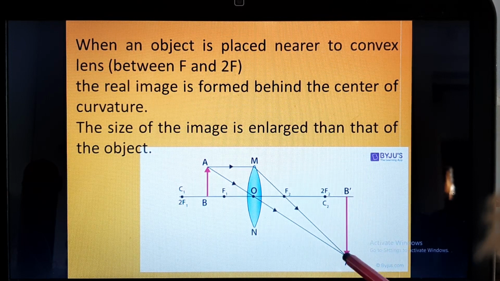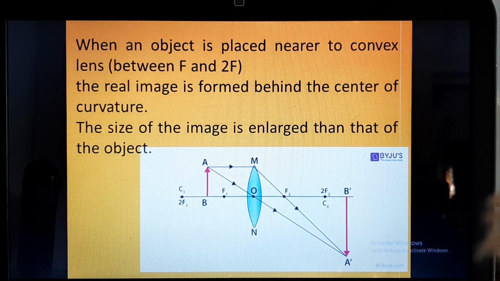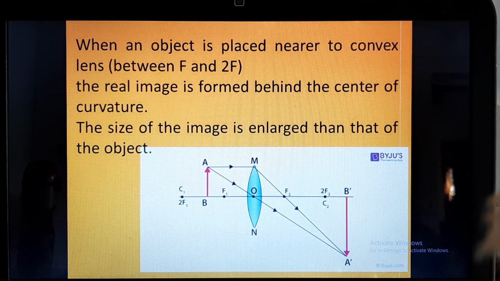But the image is inverted and it is bigger than the object. This phenomenon is applied in magnifying glasses. A magnifying glass has a convex lens in it. When you bring that convex lens closer to the object, the image will be enlarged. That is how a magnifying glass works.